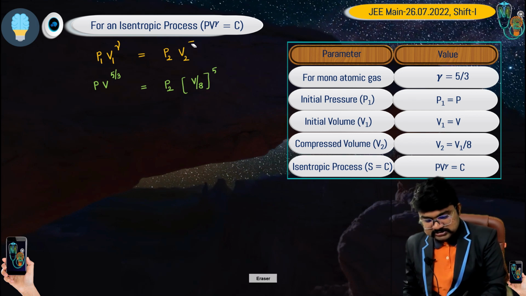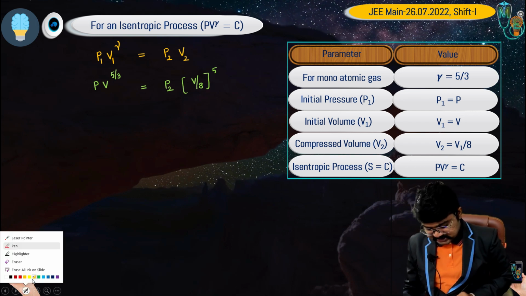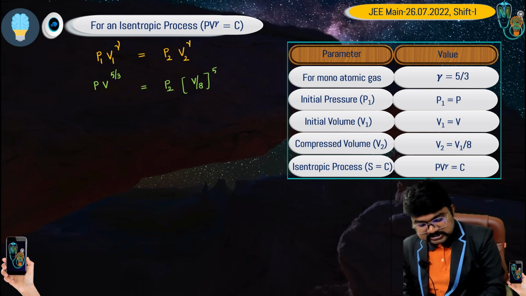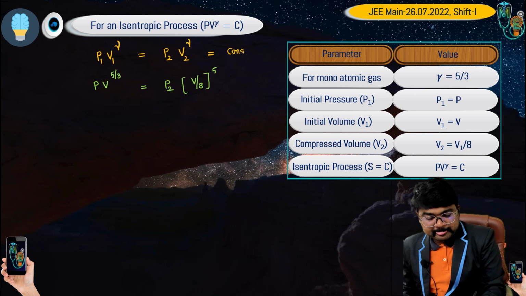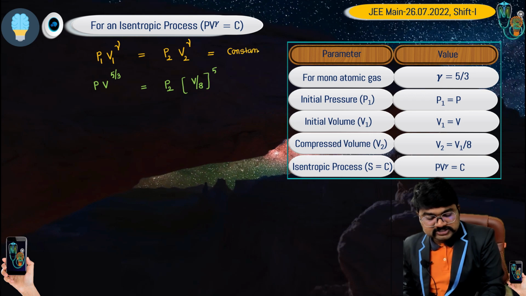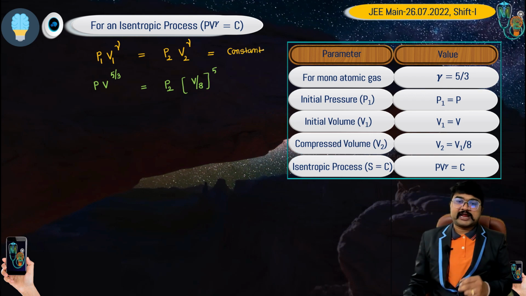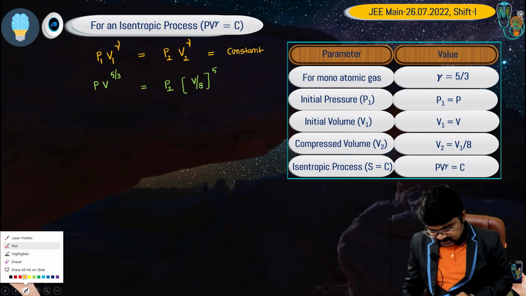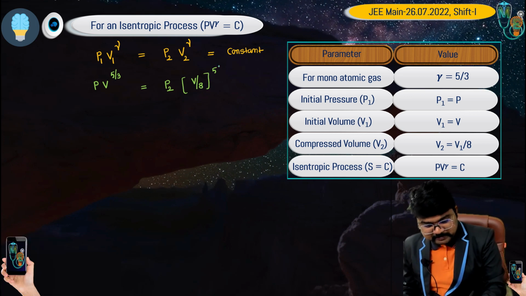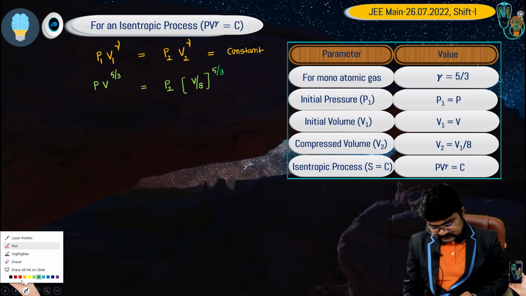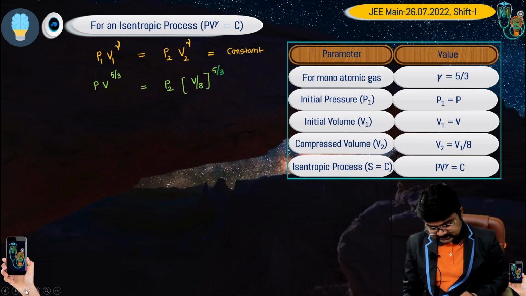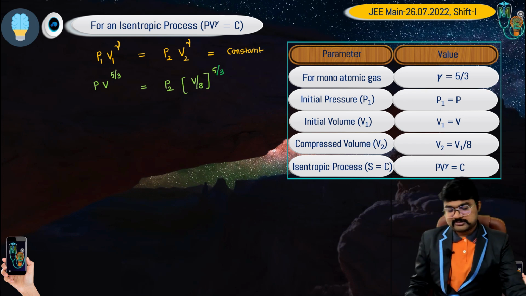What is this? Here you can write it is gamma. This is equal to constant. Understood? So from that you can write 5 by 3. This would be 5 by 3. Now tell me, it is very simple to solve the problem.